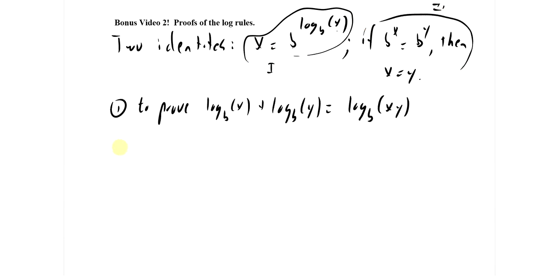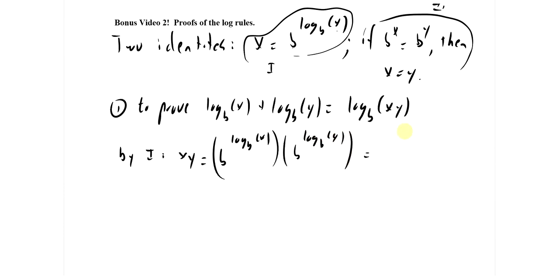So by 1, we know that x times y, well, x is b to the log base b of x. Y is b to the log base b of y. And if we have the same base, we can add the exponents. So that's log base b of x plus log base b of y.